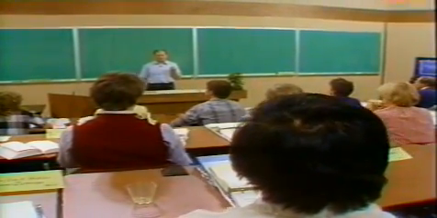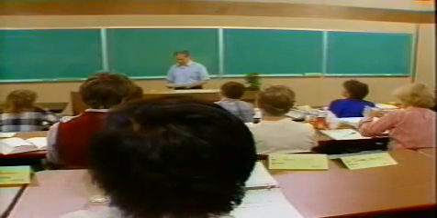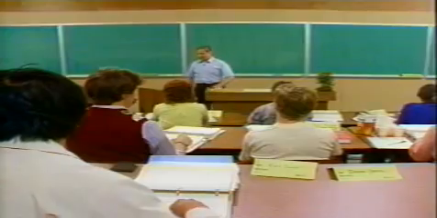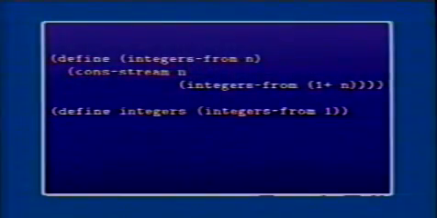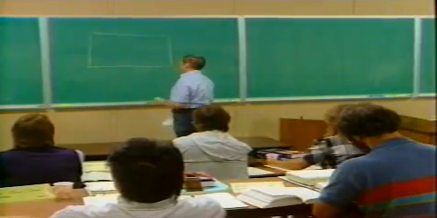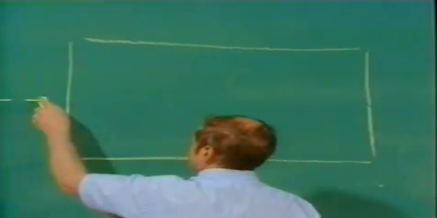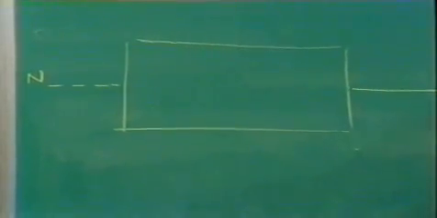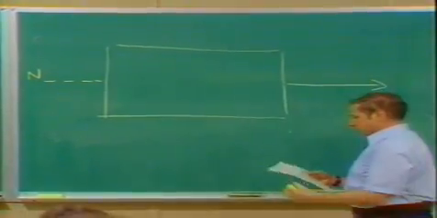Now, let me draw a picture of that program I just wrote. Here's the definition of the integers again that I just typed in. It's a cons of the first integer onto the integers starting with the rest. Now we can make a picture of that and see what it looks like. Conceptually, what I have is a box that's the integers starting with n. It takes in some number n, and it's going to return this infinite stream of all integers starting with n.